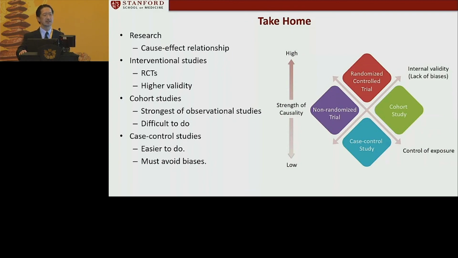Interventional studies, Dr. Locke is going to talk about that. It's a randomized control study that has the highest validity. We mainly talked about cohort study and case control study. A cohort study is the strongest of observational studies, but it's difficult to do, expensive, and has a long study duration.